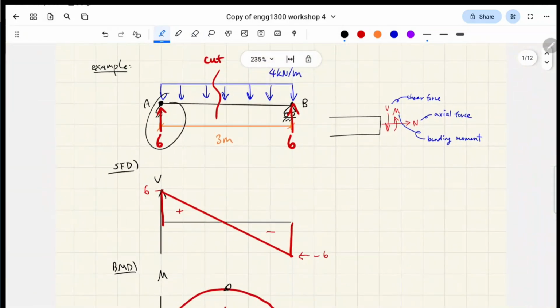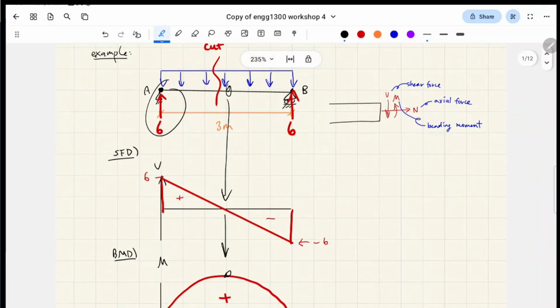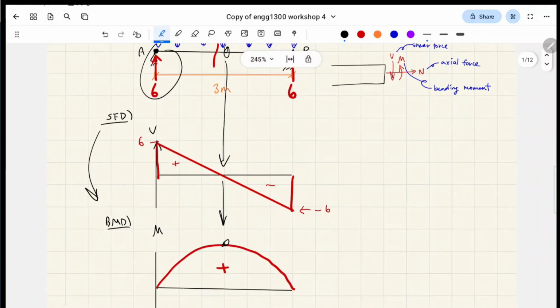In the middle of the beam, that's where the max bending occurs, but there's zero shear force there. The bending moment diagram is linked to the shear force diagram because it's the integral with respect to x.